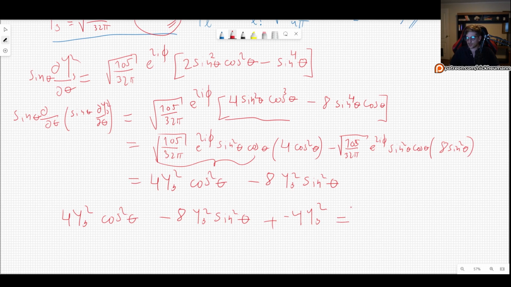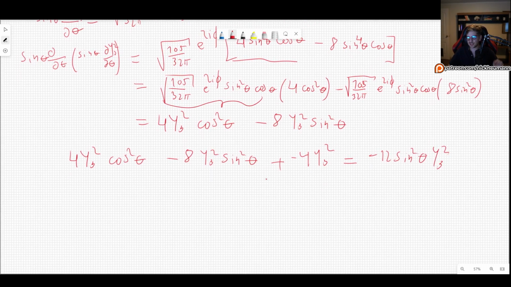And this has to be equal to minus 12 sine squared of theta Y32. So just like before, let's move everything to the left-hand side and see what we can do. So here we have 4. Now let's factor out the Y's. So 4 cosine squared of theta minus 8 sine squared of theta minus 4 plus 12 sine squared of theta. And all of this is multiplied by Y32 and is equal to 0.